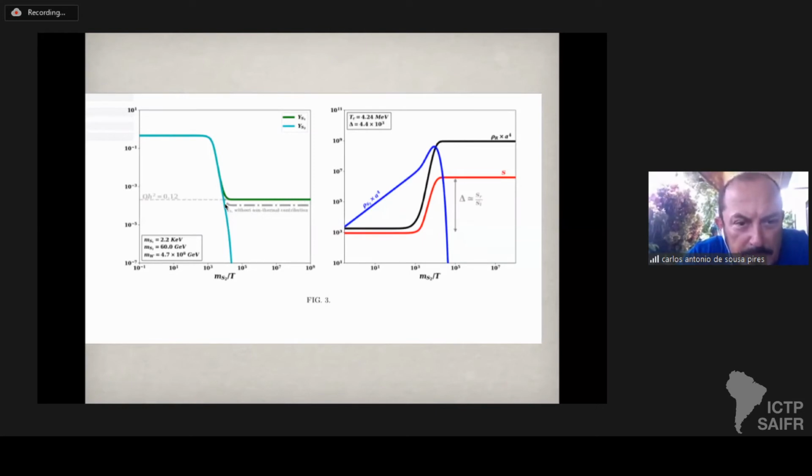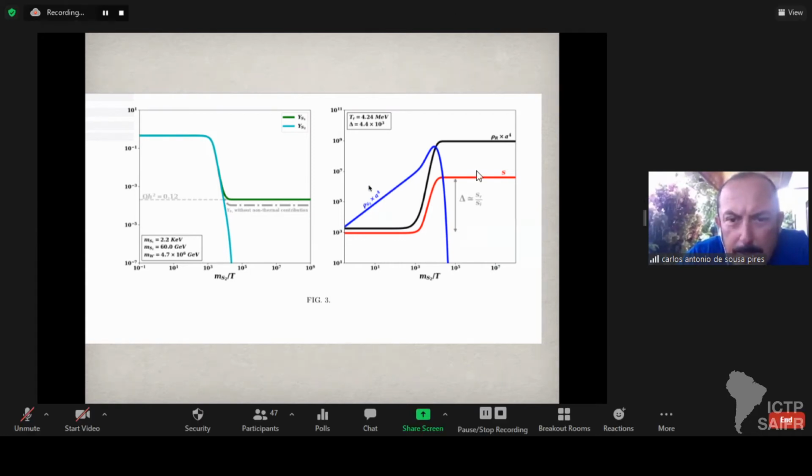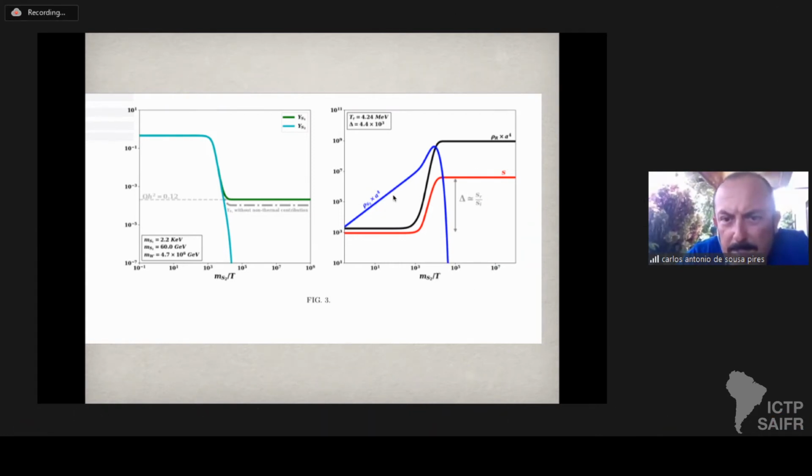But perceive that you need a non-thermal contribution to take this abundance to the correct one. Okay, and this other graph is very interesting. In the early universe, the energy density of the diluter dominates the early universe. Then it decays.